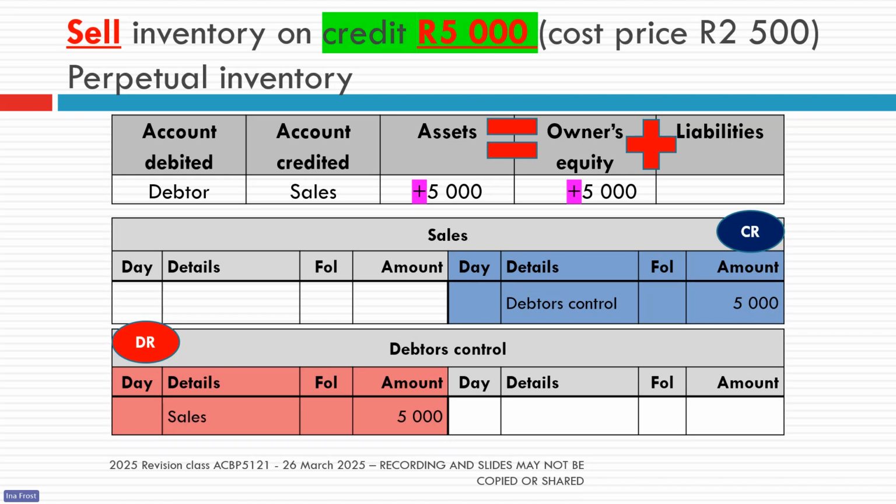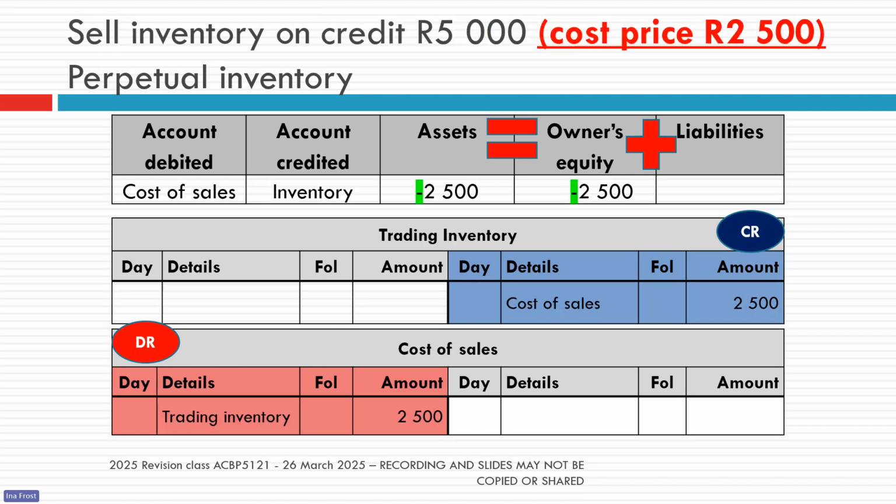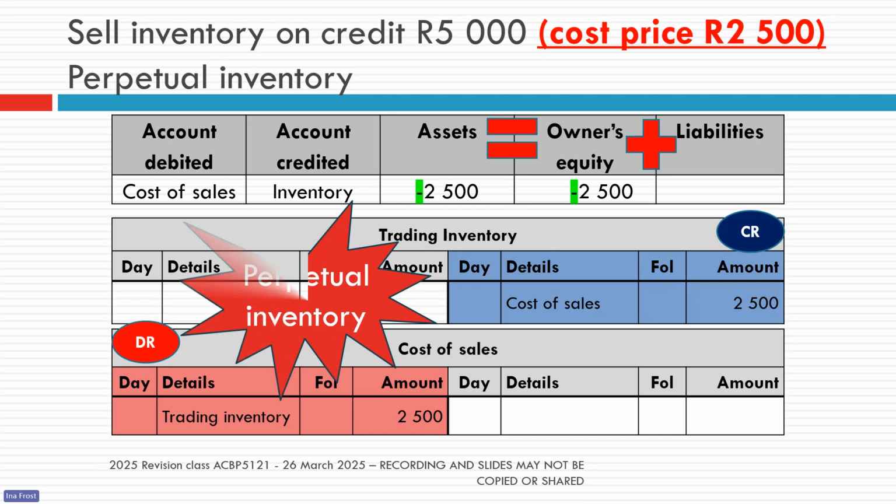The rest of this entry will look exactly the same, including the cost of sales entry. This entry will still be made irrespective of whether it's a cash or credit sale. The only proviso is that we must be using the perpetual inventory in that particular question.